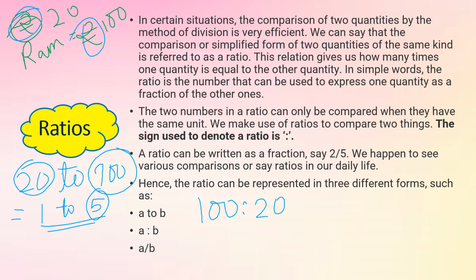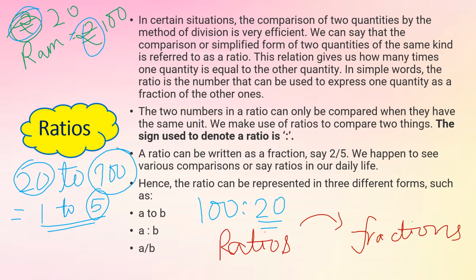So 100 is 5 times of 20. Now a ratio is the number that can be used to express one quantity as a fraction of the other. So we can also express ratios as fractions.